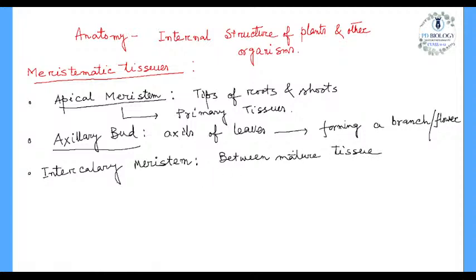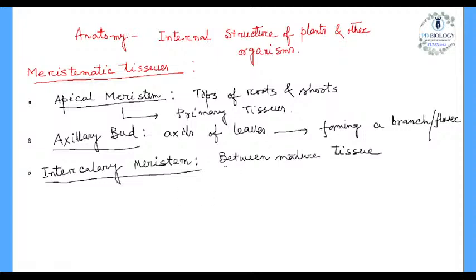That's the intercalary meristem. That is, in grasses, regenerate parts are removed by the grazing herbivores.